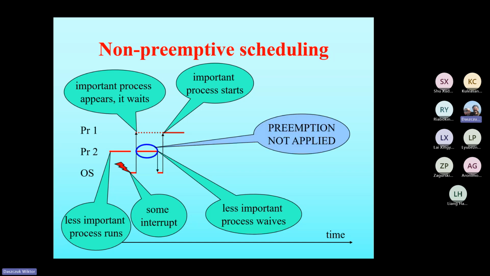This is a non-preemptive method. We do not make the decision at once when the conditions change. We wait for some other occasion to change the process.